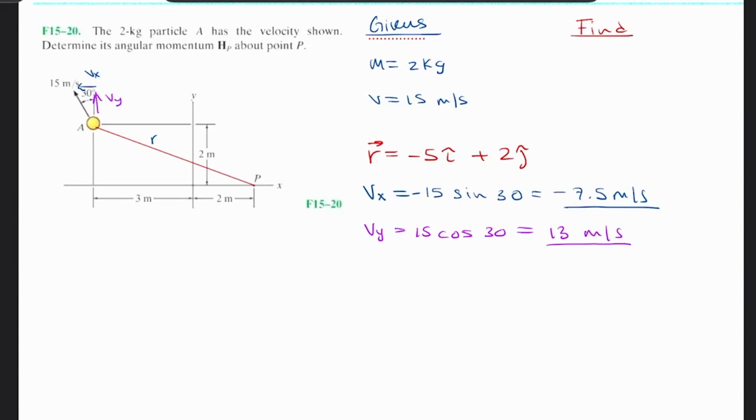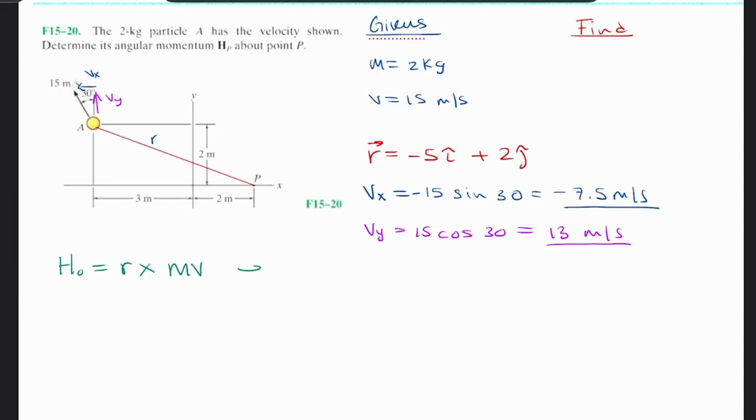If you remember the formula for momentum, because we said that the angular momentum is r cross product mv.